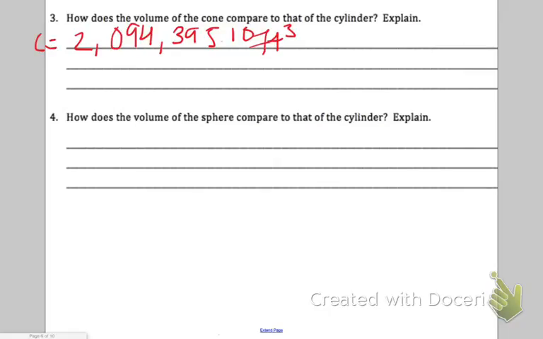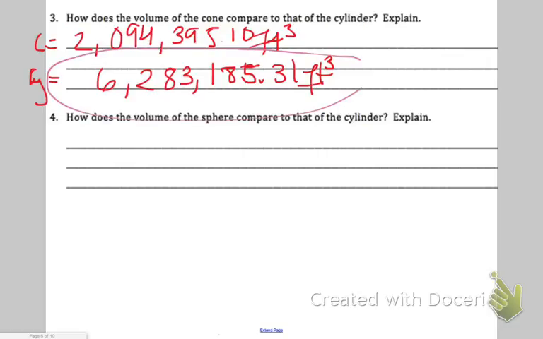The cylinder, I'm going to write CY for my cylinder, was 6,283,185.31 feet cubed.